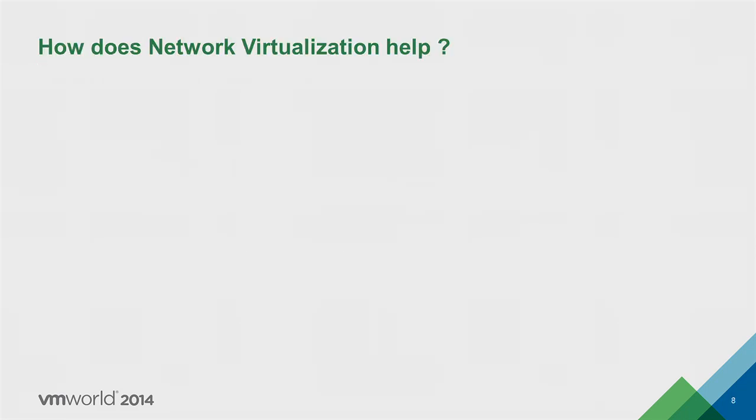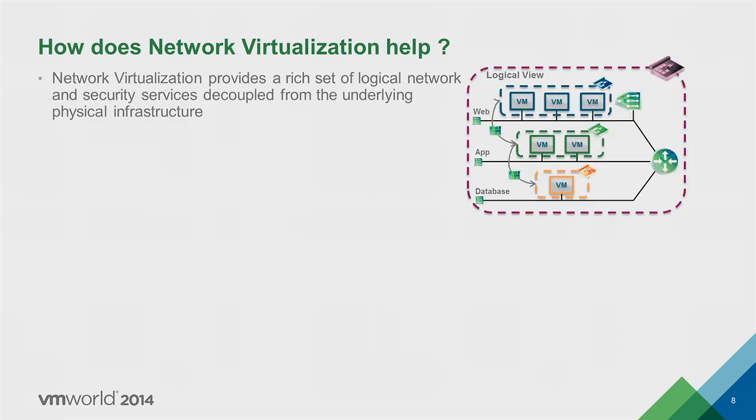Now I want to talk about network virtualization, and whether it helps this landscape at all. Network virtualization provides a rich set of logical network and security services decoupled from the underlying physical infrastructure.